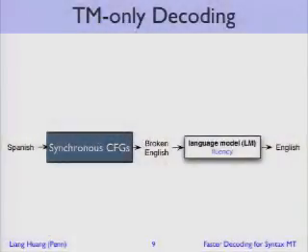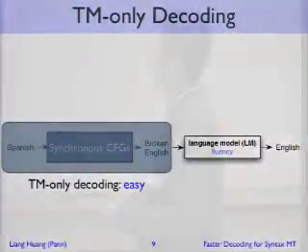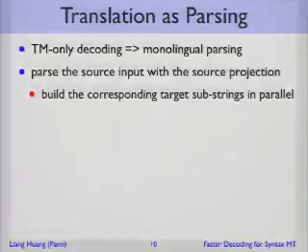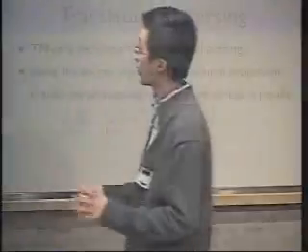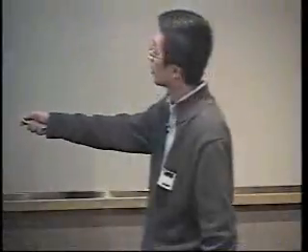Now, if you have a synchronous CFG for the translation model part, again, we're going to see that using the translation model only to do the translation, called decoding in MT literature, is really easy. Why? Because if you have a synchronous grammar and an input sentence, like 鲍威尔与沙龙举行了会谈 to be translated into English, what do you do?